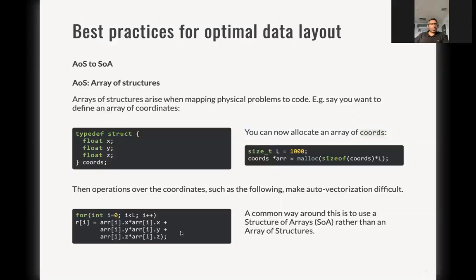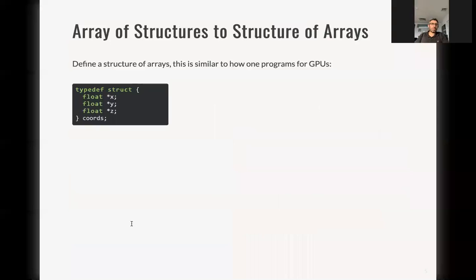Then you can see that this operation is not very easy to vectorize. And I'll show you a picture later that shows you why this is not very easy to vectorize.